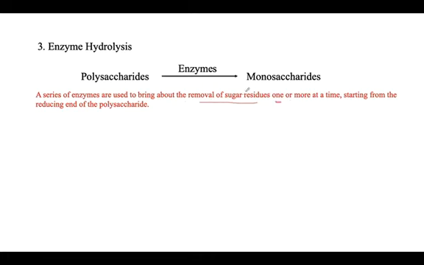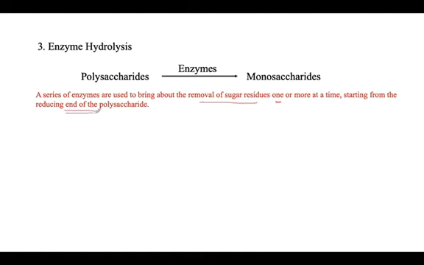We will use the enzyme, there will be a loss of one sugar molecule, then we will characterize that monosaccharide unit. Or we may use a series together and remove a number of sugar molecules, but they always start from the reducing end of the polysaccharide.